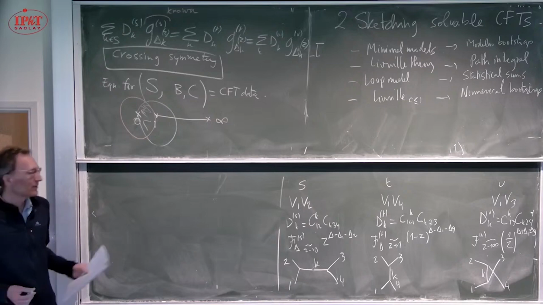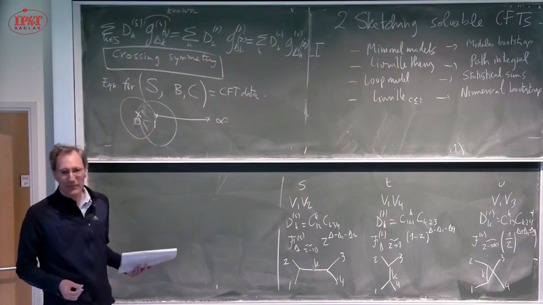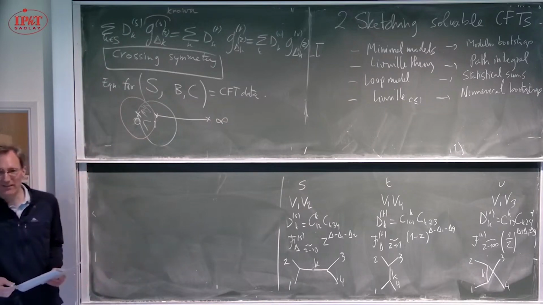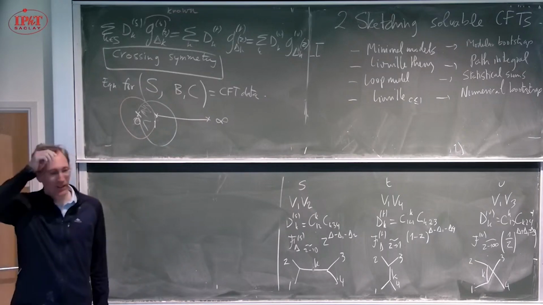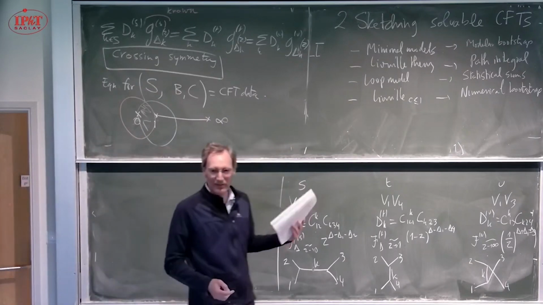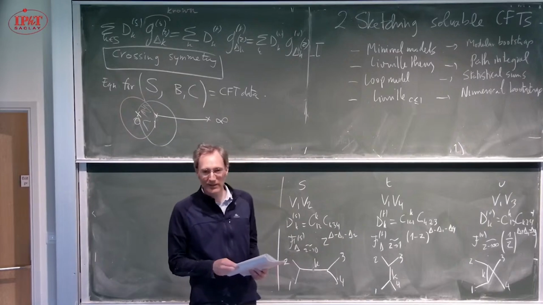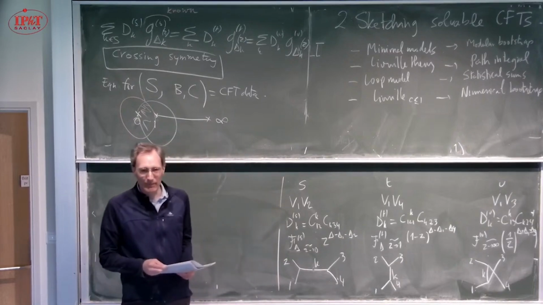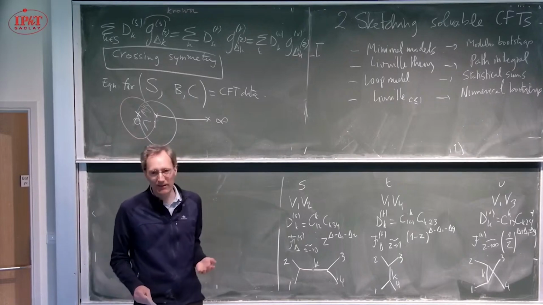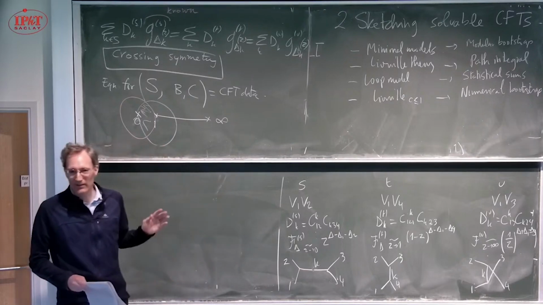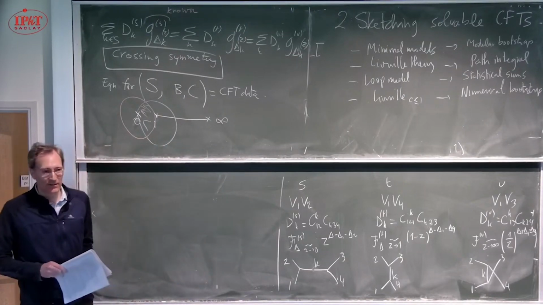But it doesn't prevent you from applying the method. You'll hit technical roadblocks, though. In particular, the generalization of Liouville theory called conformal Toda theory has not been solved yet. But if you try to solve the W minimal models, then probably you could do that by this approach.